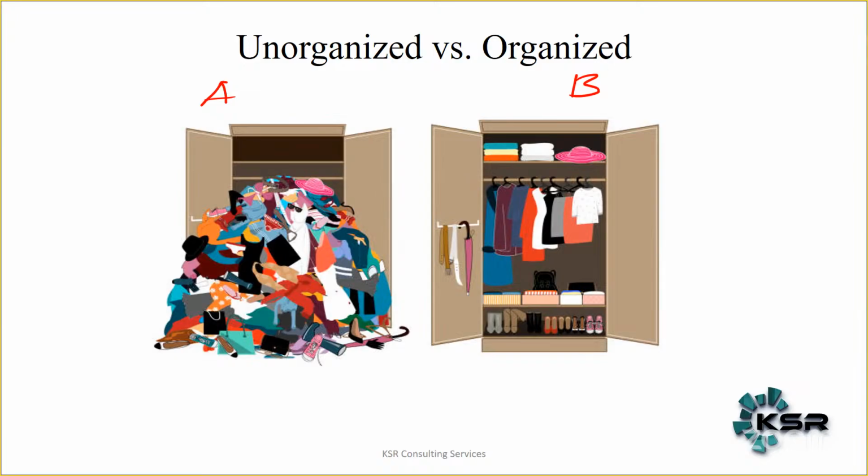But let's see what is the advantage of A and the advantage of B, and what is the disadvantage of A and the disadvantage of B. Now, I will take one shirt. It just takes me 5 minutes to dump it back.